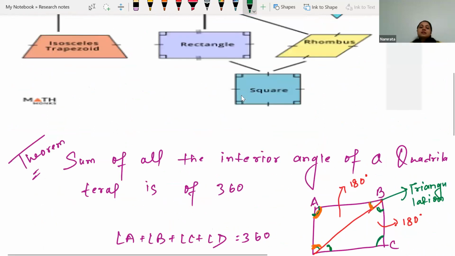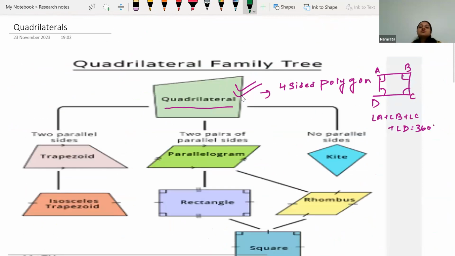Now let's get back to our family tree. The family tree says the quadrilateral has the property that the sum of all the interior angles of this quadrilateral will be 360 degrees. Now this property, the quadrilateral will pass on to each and every member of this family tree.